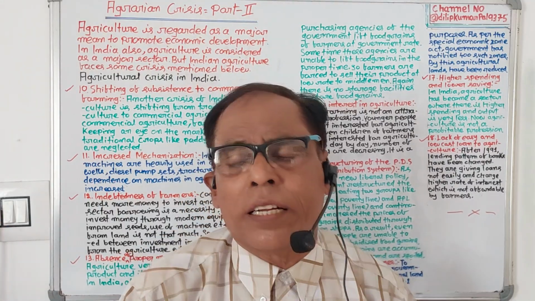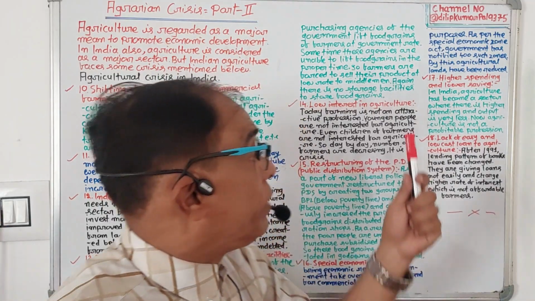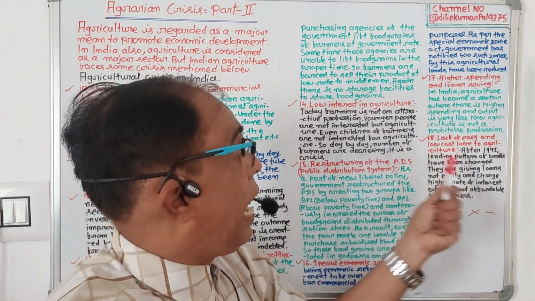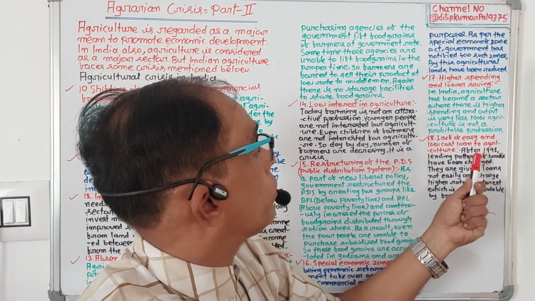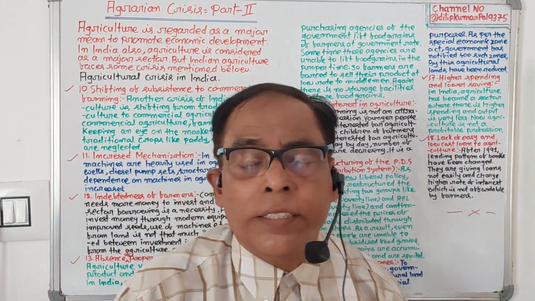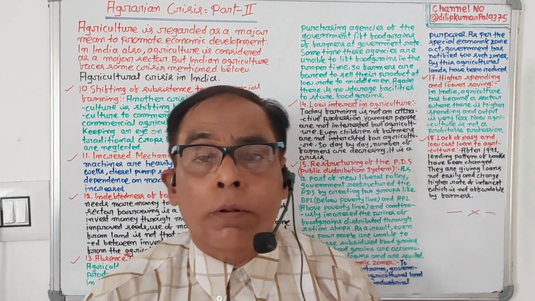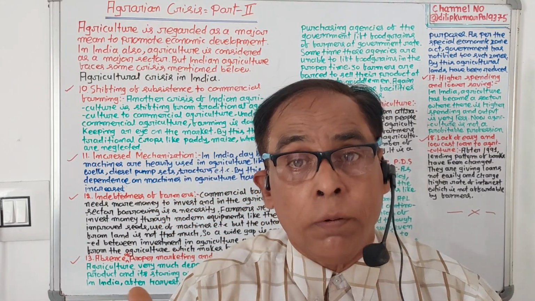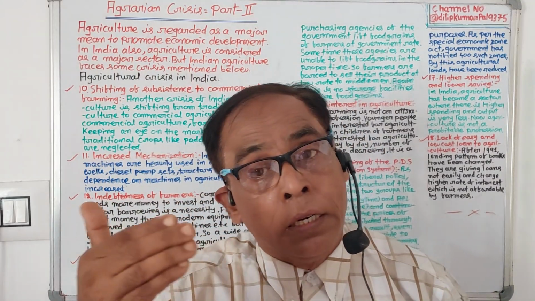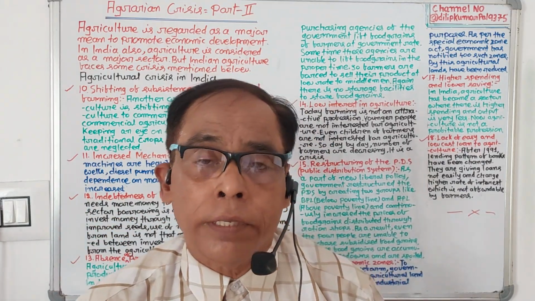Now, in agriculture, loans are not easily available, and even if they are available, they are not at low cost but at higher cost. So it is a problem of Indian agriculture.